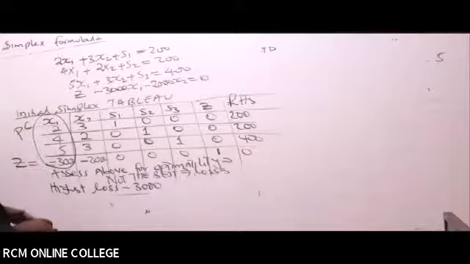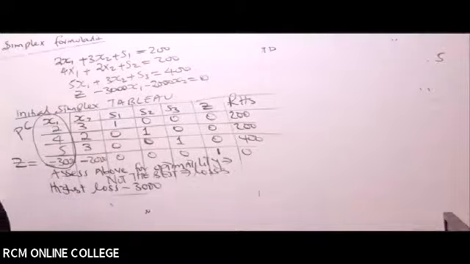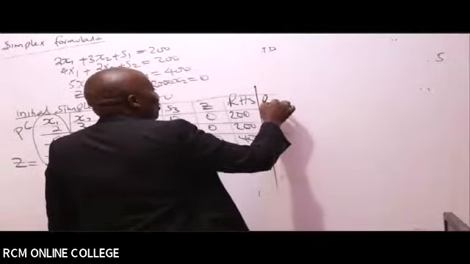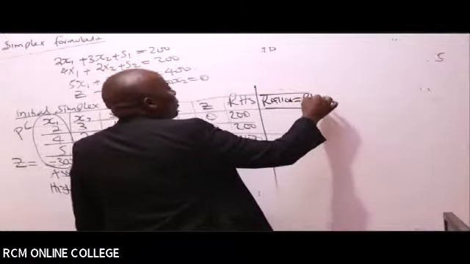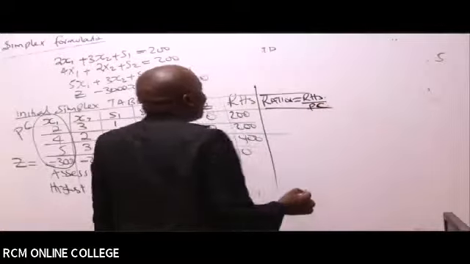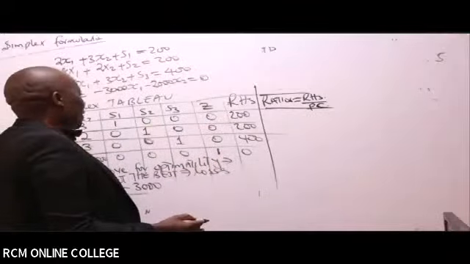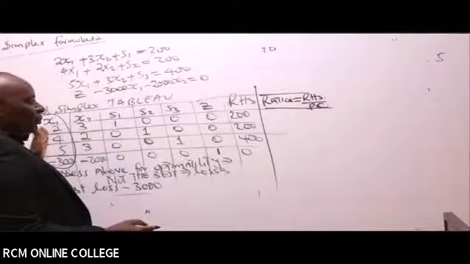Having gotten the pivot column, what do we use the pivot column for? To get ratios. So how do we get the ratios? We take the right-hand side divided by the pivot column.